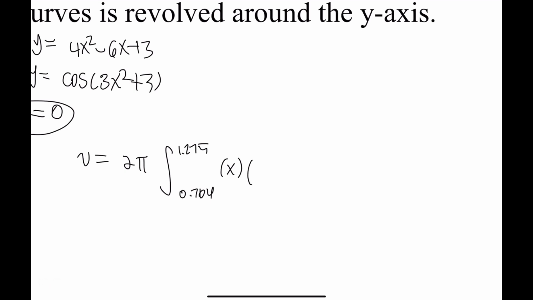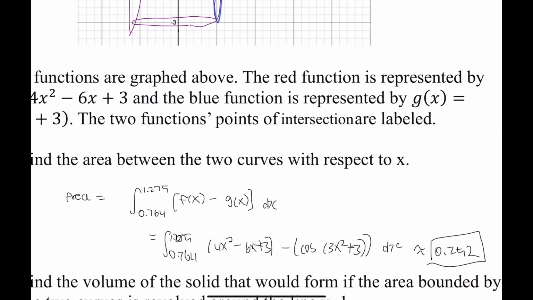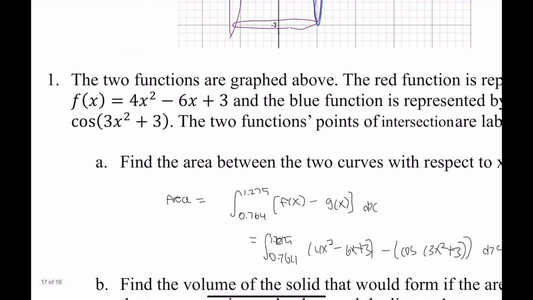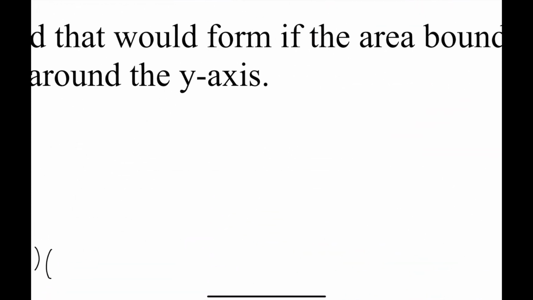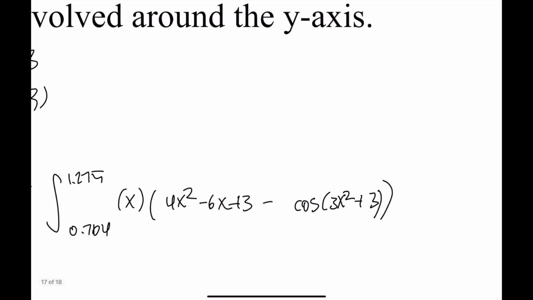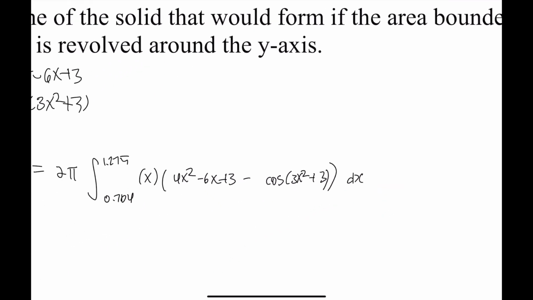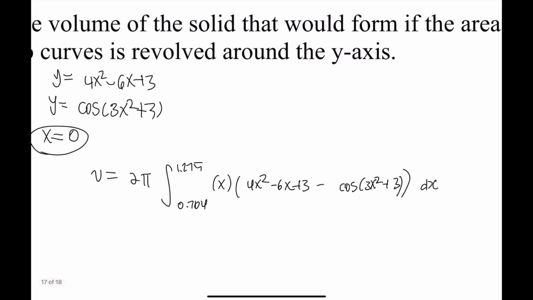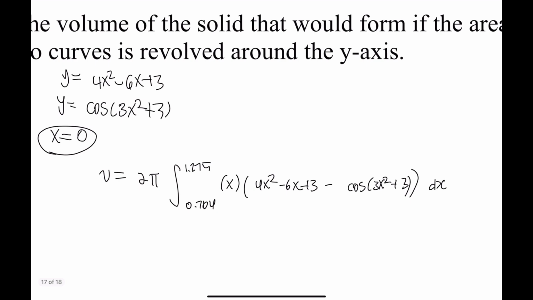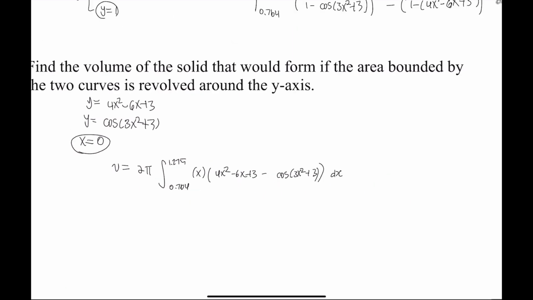And then our height would be 4x squared minus 6x plus 3 minus cosine of 3x squared plus 3. Okay, so this would be our integral function. Since we're giving you the equation for the integral, you can just plug this into your calculator and find the answer. Thank you.